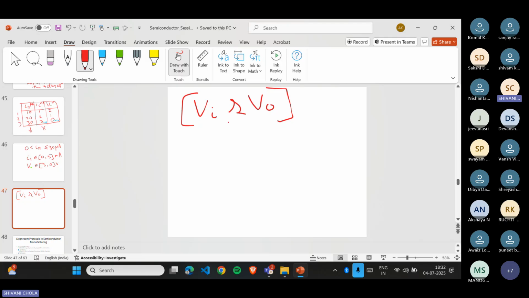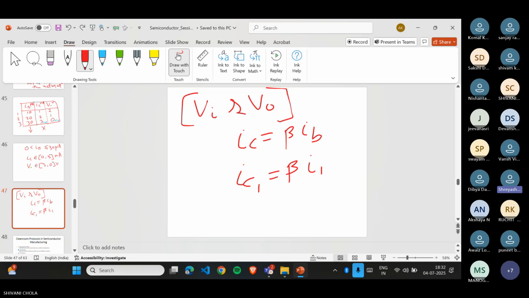But what is the relationship between VI and VO? Let's find it out. So guys, till this point you should all agree with this equation, right? Now let's say IC1 is equal to beta times IB1.